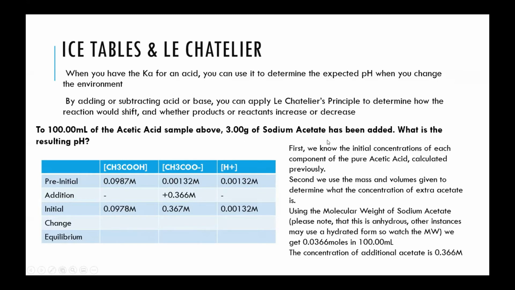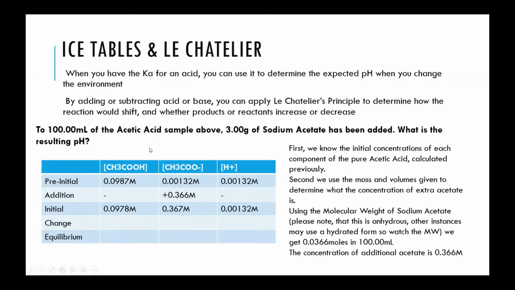What is the final pH? And to do this, you're still doing one of the ICE tables. You're still looking at the initial, the change, and the equilibrium. So what I like to refer to as the pre-initial, kind of what is, before you even perform this, what are the concentrations of everything?